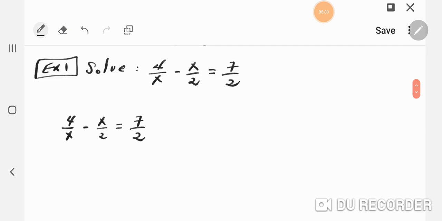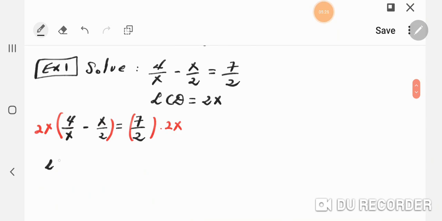Example 1, solve the equation, and this equation contains fractions. Let's find the LCD, and the LCD is 2x. So we will multiply the whole equation by 2x and use the distribution property.